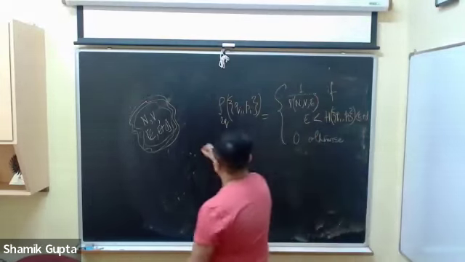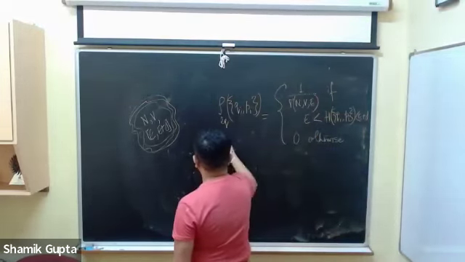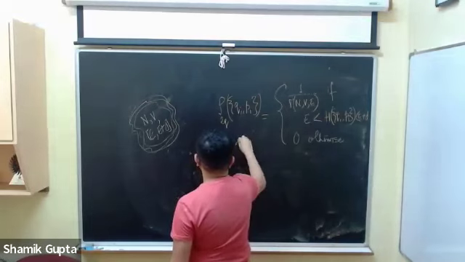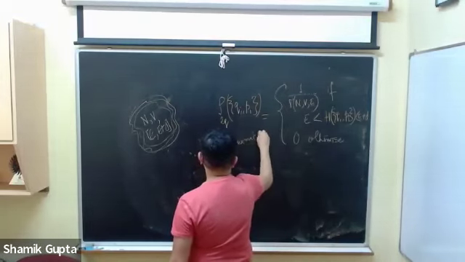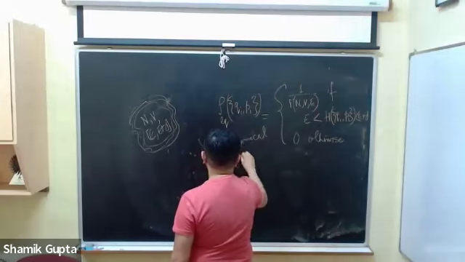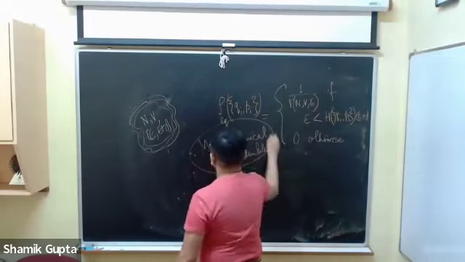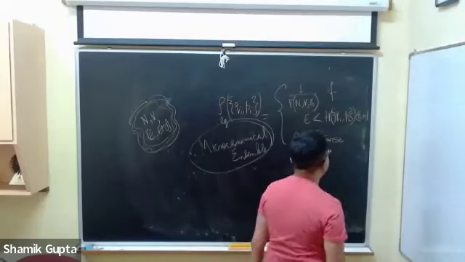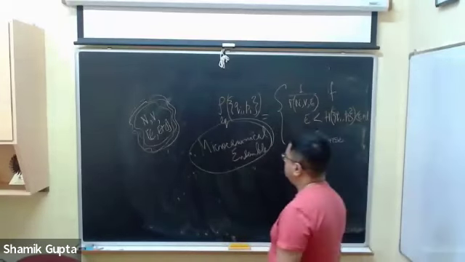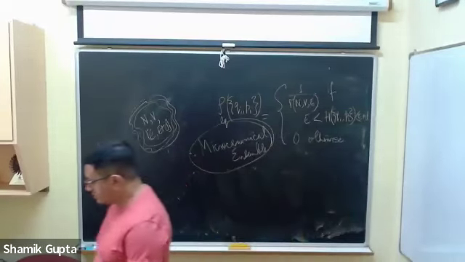So this defines the microcanonical ensemble. Okay, any question up till now?